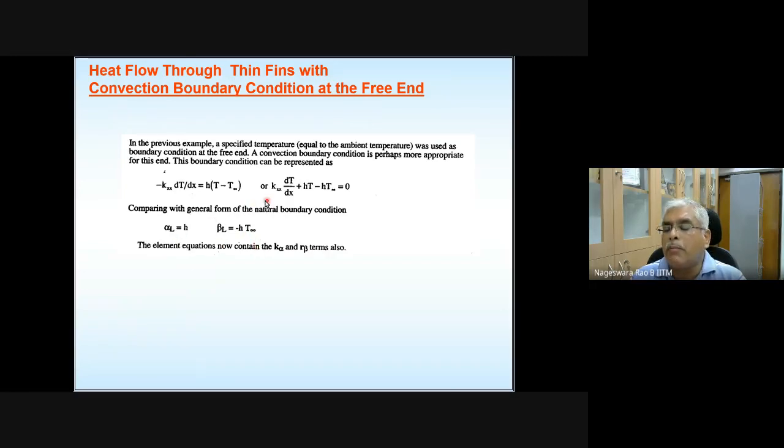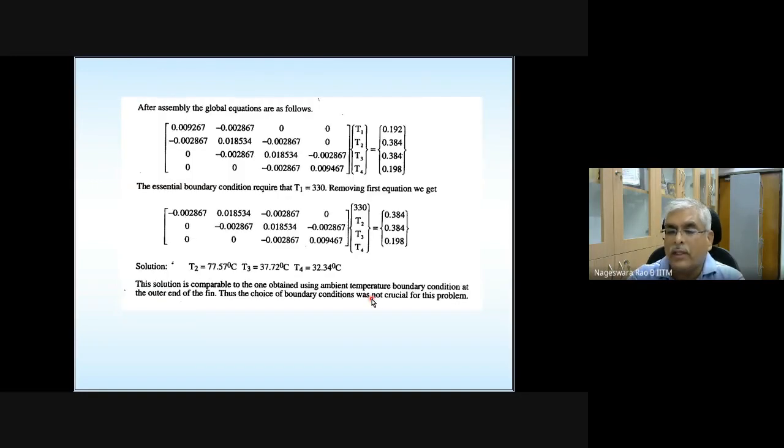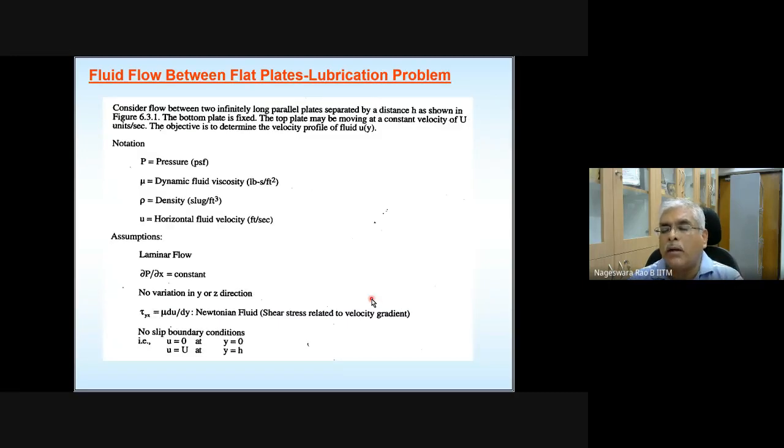You need to compare with the general one-dimensional boundary value problem, identify the alphas and betas, and then see the additional contribution to the stiffness-like matrix and load-like vector, and assemble the element equations. If the boundary conditions are different, this illustrates how to handle that. Anyway, if this application is not of interest to you, ignore it.